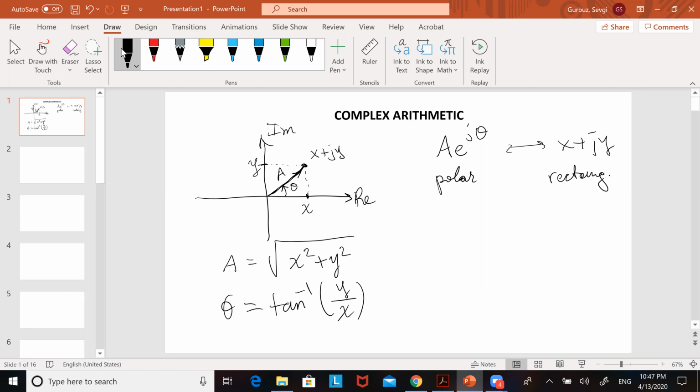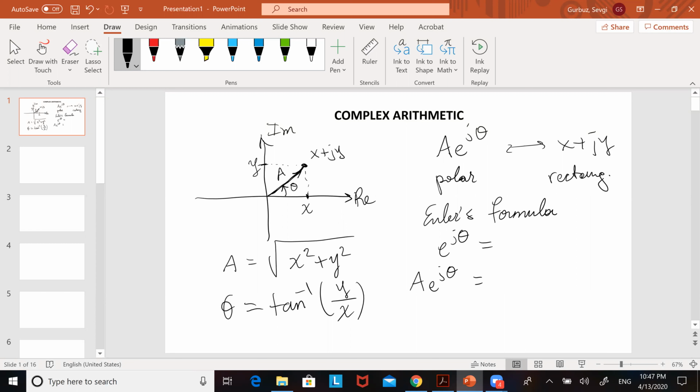We can go the other way. In other words, given the polar format, we can go to the rectangular format by taking advantage of Euler's formula. Euler's formula is a relationship which relates e to the j theta to the Cartesian form by, again, using trigonometry. If you think of the more general version, a e to the j theta, we can write it as the sum of its real plus imaginary components.